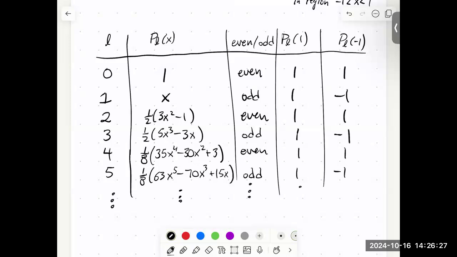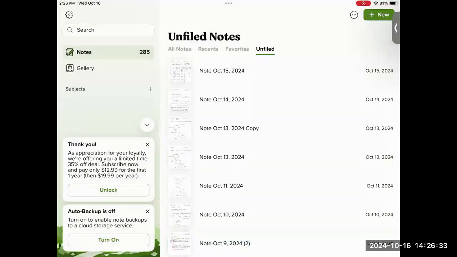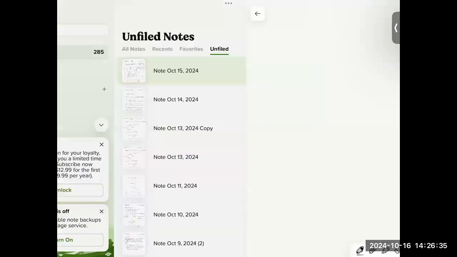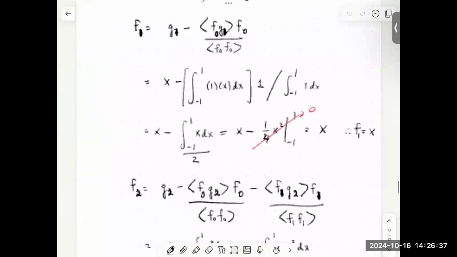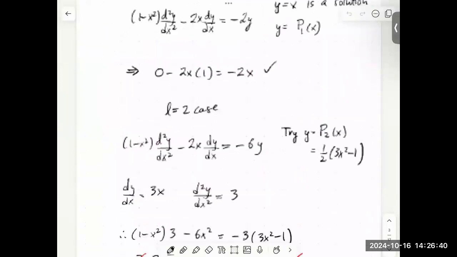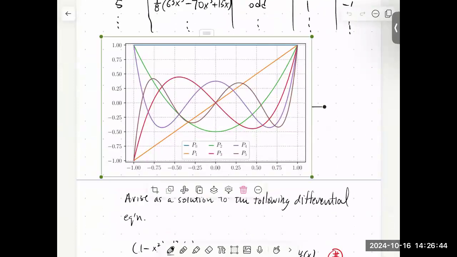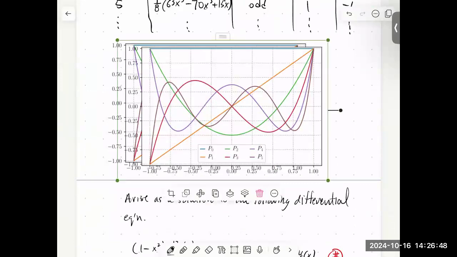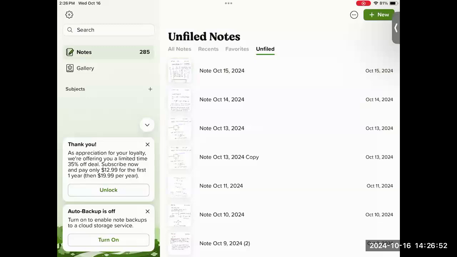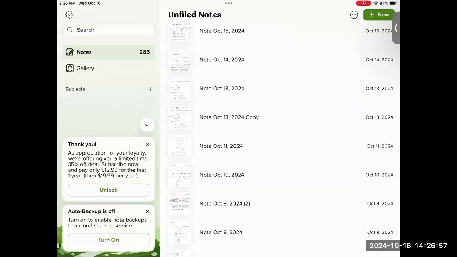I'm going to plot some of these for you, but I'm not going to try to draw them. I'm going to try to find the figure that I already have. I'm pretty sure it's right here. Let's copy this. Where did our notes go?